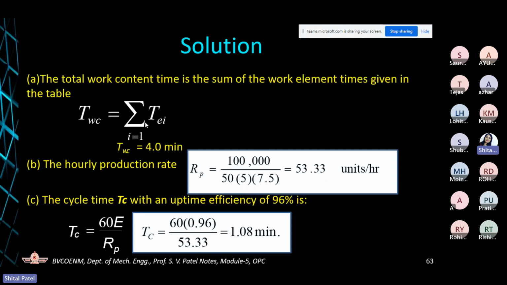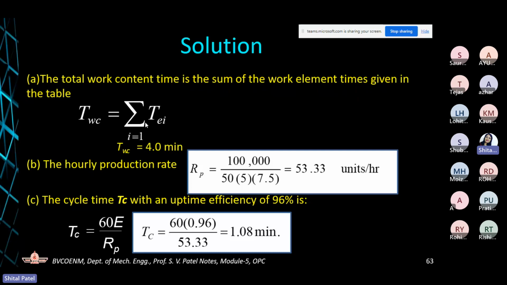Now next it has been asked to find the hourly production rate, right? So as I told you, the number of hours available to produce that particular number of units. The data given is 50 weeks, 5 days working per week, and 7.5 hours per shift, right? So these many hours are going to be available with us: 50 multiplied by 5 multiplied by 7.5.